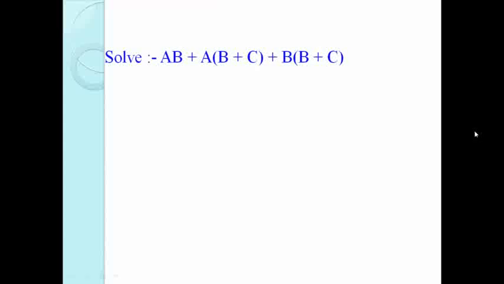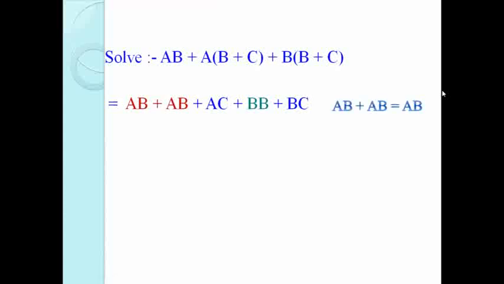Now one more example on Boolean laws. A into B plus A into (B plus C) plus B into (B plus C). Now solve this: AB plus AB plus AC plus BB plus BC.